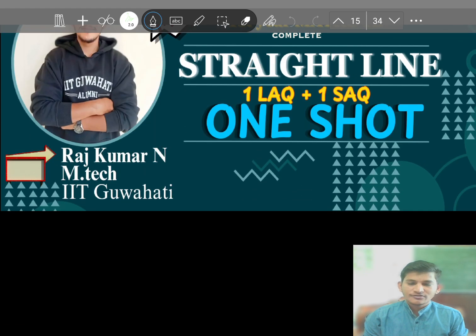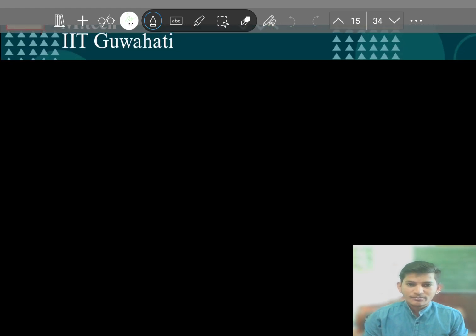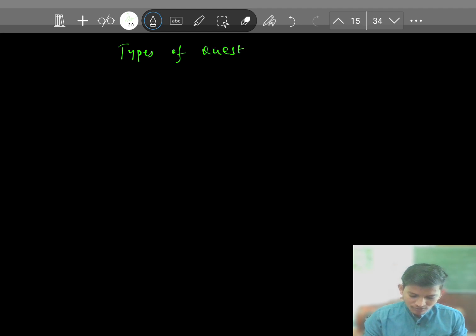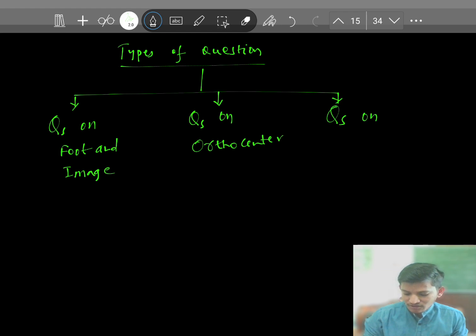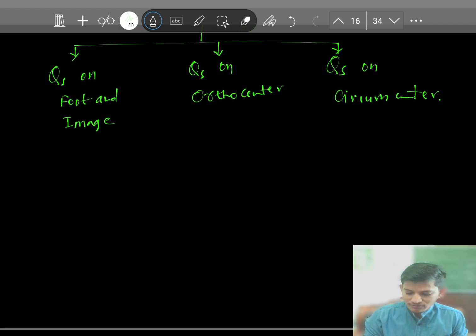So when it comes to the straight lines, we are going to deal with questions on foot and image, foot in the sense foot of perpendicular of a point, questions on orthocenter, and questions on circumcenter.